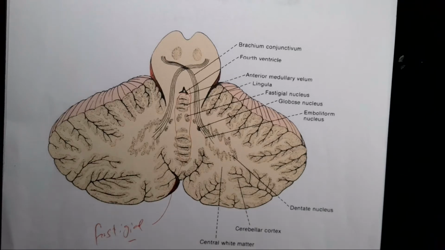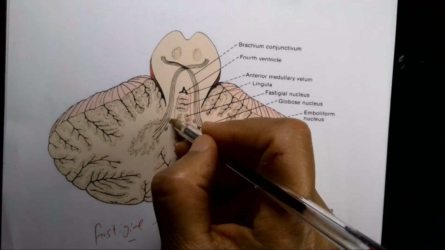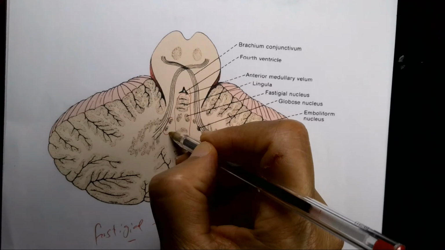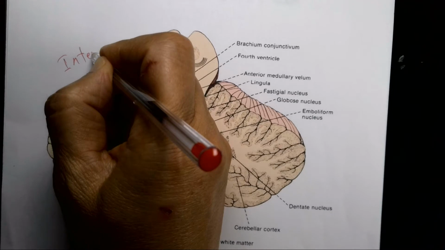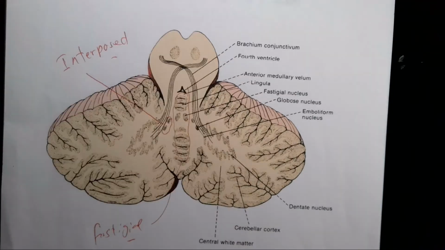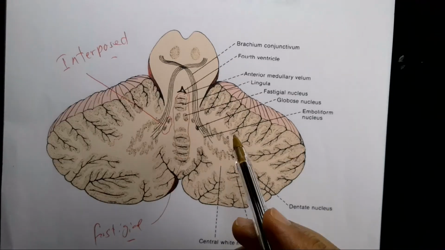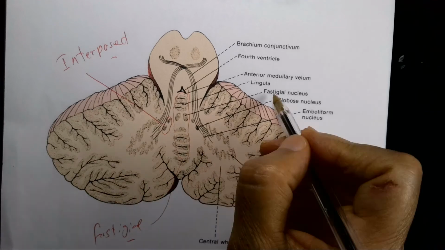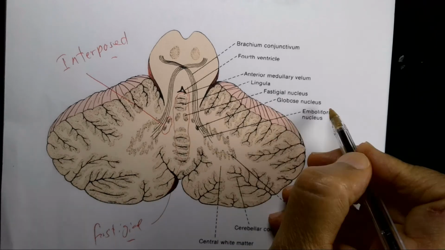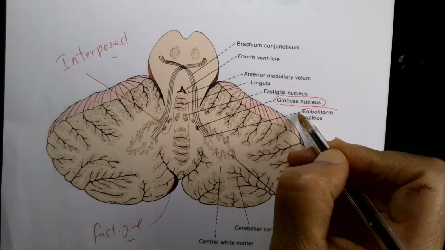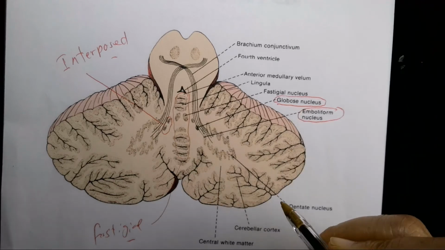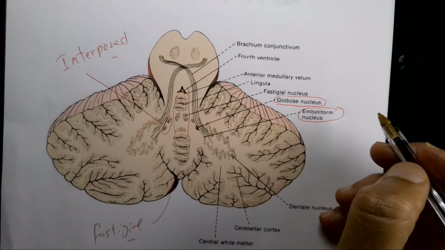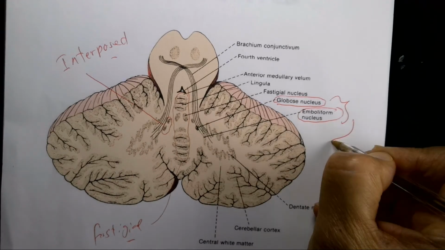Then the intermediate one, the interposed nucleus, is made of two parts: the globose nucleus and the emboliform nucleus. The globose and the emboliform together form what we call the interposed nucleus.